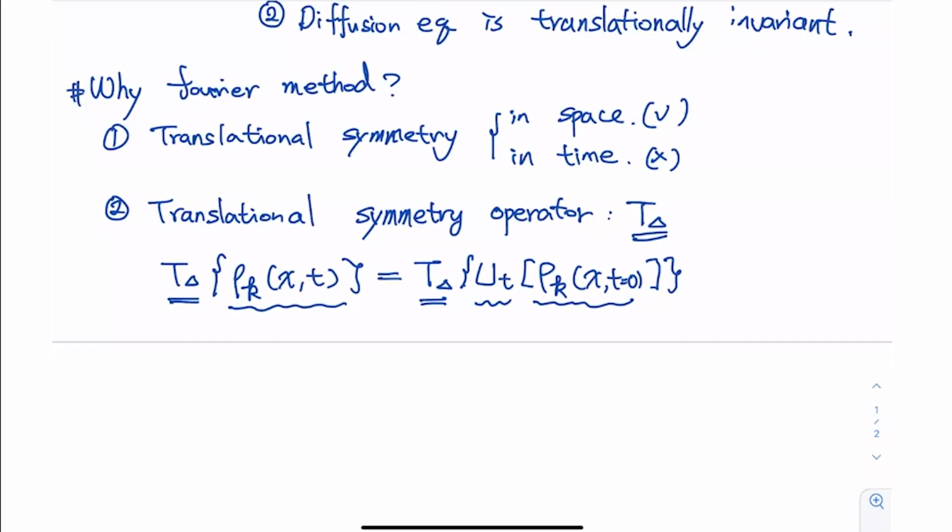Okay, so this line is just a very simple mathematical way to describe what we are doing when we apply the translational operator to a density profile at some time t.